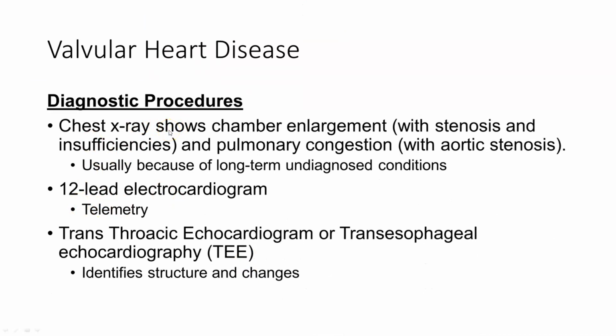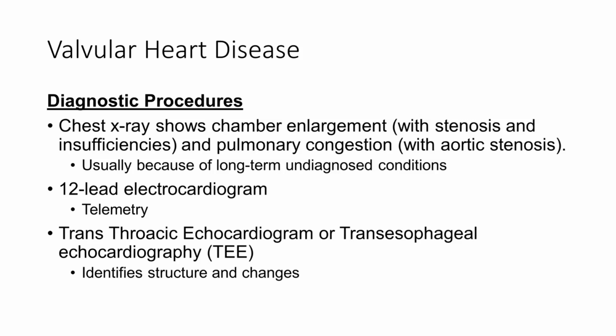If we hear something or they present with signs and symptoms and we suspect valvular heart disease, the most common thing we're probably going to do is a chest x-ray, which is probably going to show us cardiomegaly, cardiomyopathies. We don't really see the valves on a chest x-ray, but we do see the signs and symptoms, specifically where that fluid is backing up to in the pulmonary congestion.